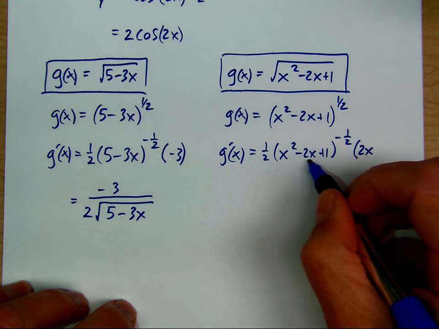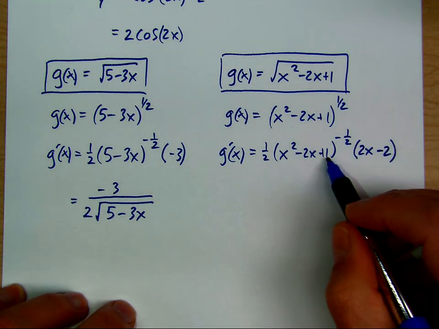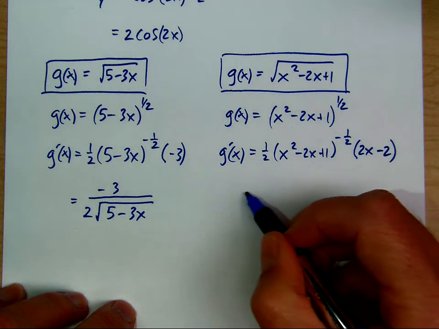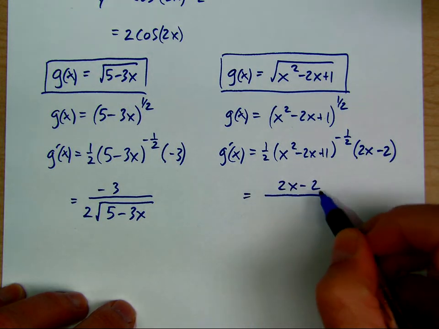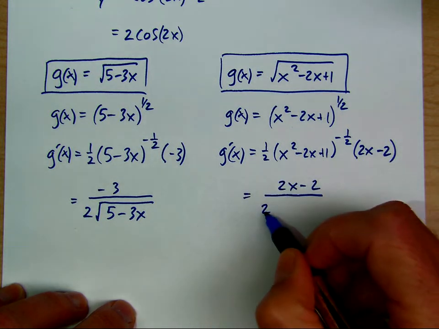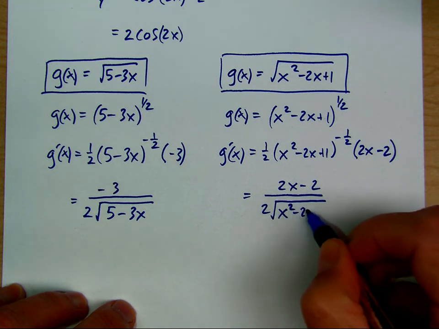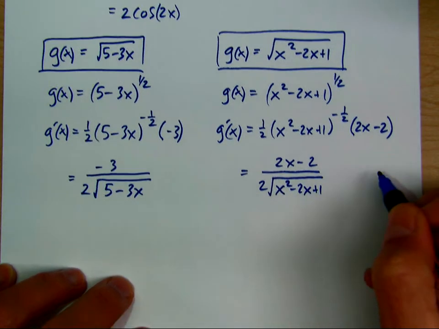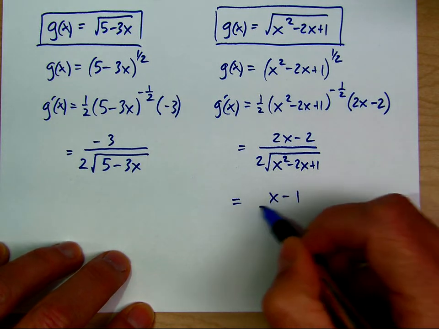The derivative of negative 2x is negative 2. And the derivative of 1 is 0. So we can write this as 2x minus 2 in the numerator, 2 in the denominator, then a radical in the denominator. And the 2's can cancel, so we'll have x minus 1.